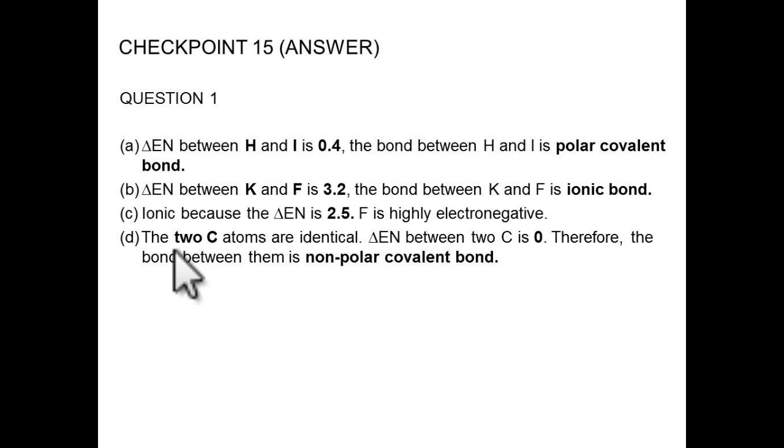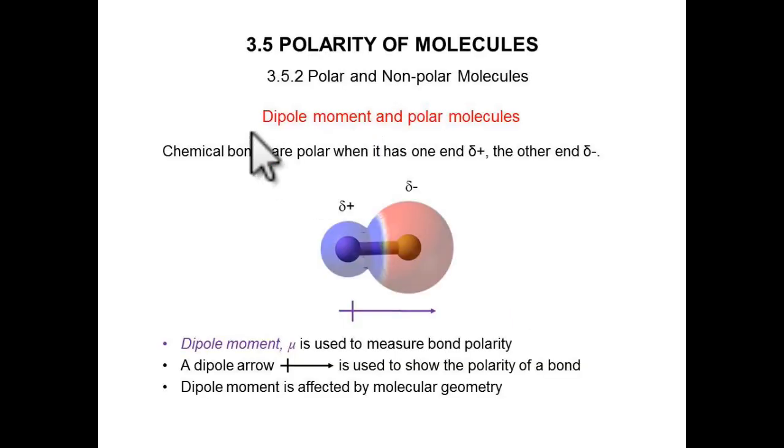The two carbon atoms are identical, so definitely the electronegativity difference will be 0. Therefore it becomes a non-polar covalent bond. That's the answer. So let's move to the next section to determine the polarity of molecular bonds. I will discuss this in my next slide, next video. Please stay tuned.